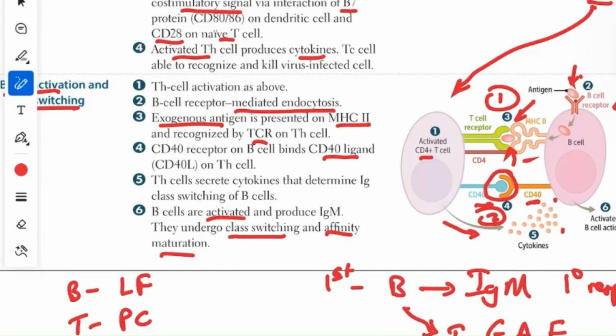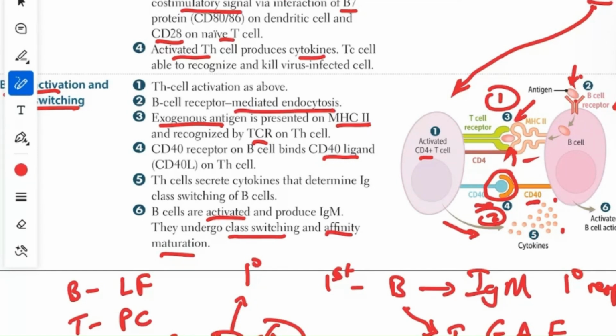We said earlier that there are 5 classes of antibodies. We know that D is not secreted, so we have the others. The first one, M, is secreted at the primary immune response. When the B cell has met the CD4 cell and been stimulated by it, it switches from IgM and starts producing IgG, IgA, or IgE.